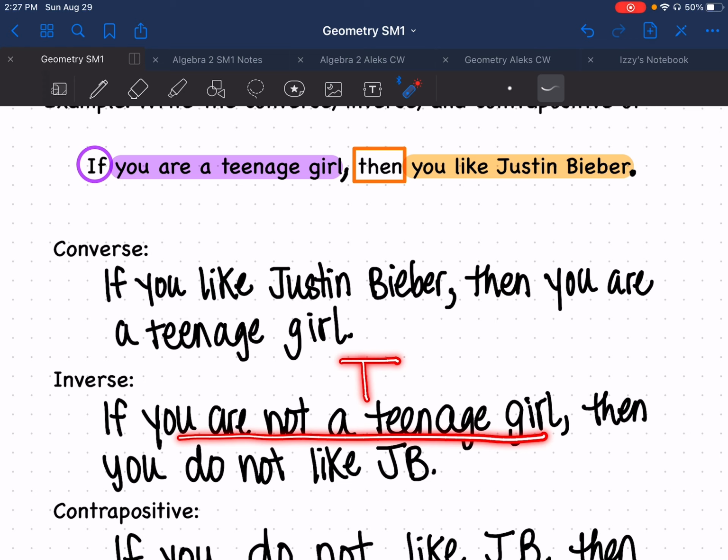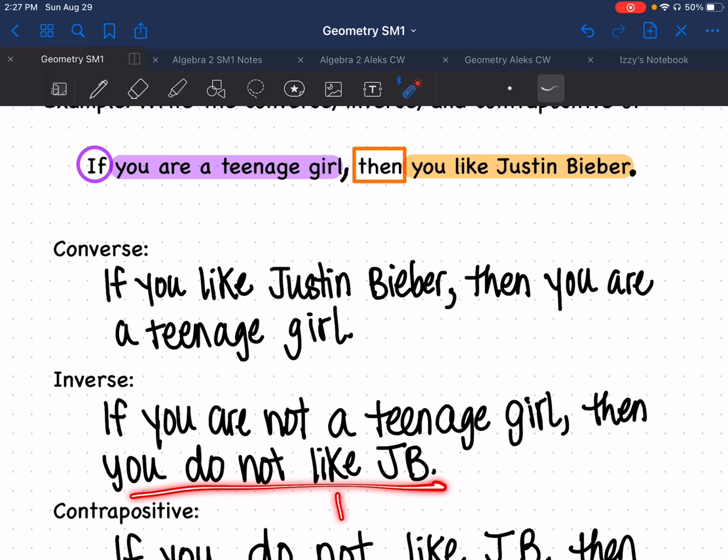Okay, so those are the ones that must be true. Then you do not like Justin Bieber, this must be false. So all we have to do for a counterexample here is find an adult that's not a teenage girl that likes Justin Bieber. Me. You could use me, or you could say a boy that likes Justin Bieber.